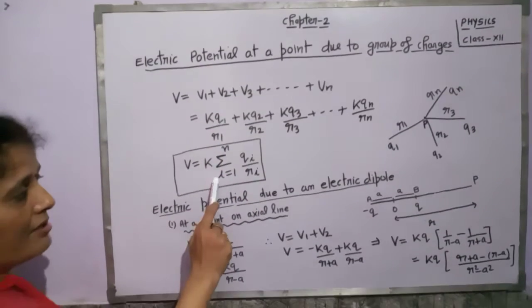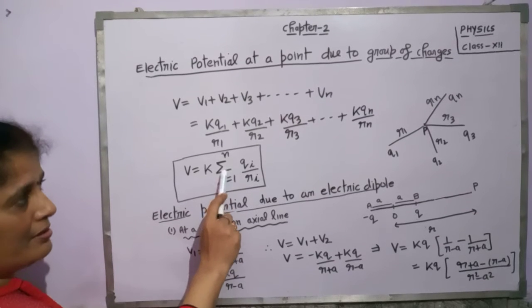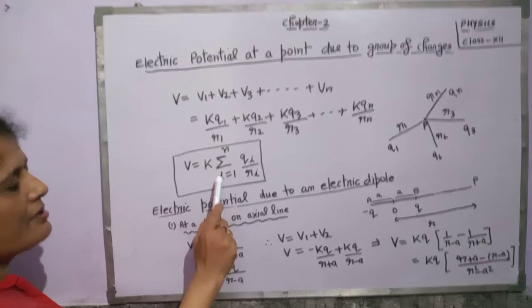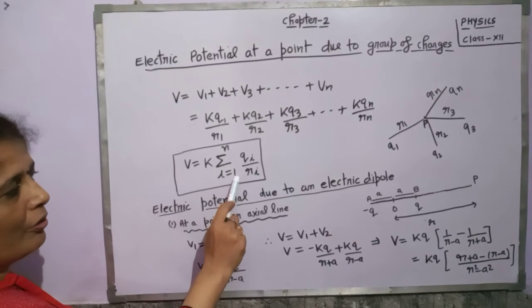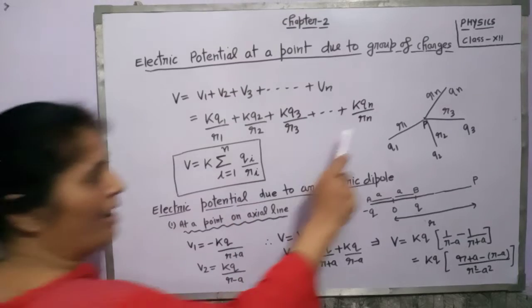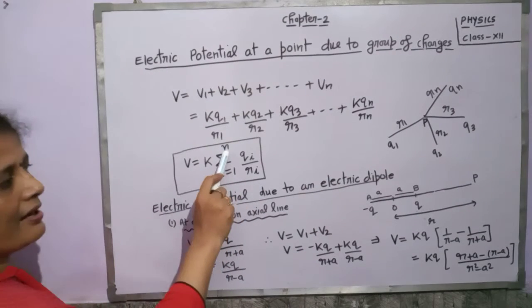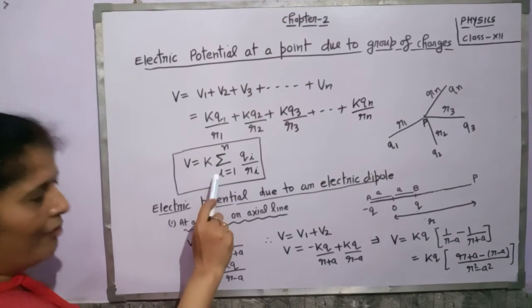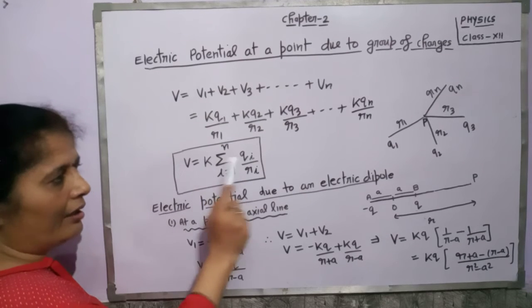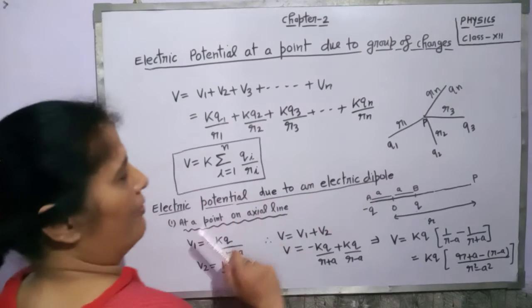Summation means a plus sign is there, and if we put i equal to 2, then it becomes kq2 upon r2, and so on. The last one is i equal to n, and in place of i we write n, then it becomes kqn upon rn.